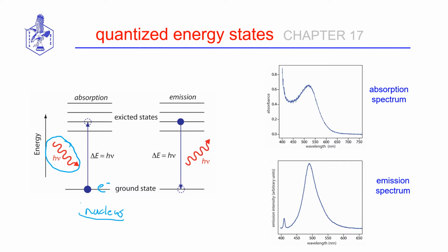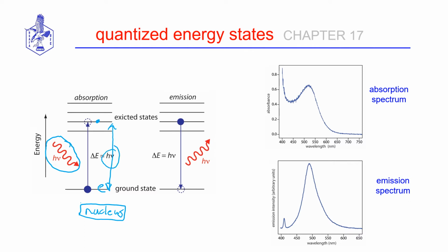The most stable place for electrons to be is in whatever orbitals are unoccupied and closest to the nucleus. So if that electron absorbs the energy from that photon, it gets excited to a new energy state, higher in energy, and that difference in energy is equal to the energy of the photon, which we represent by h nu.